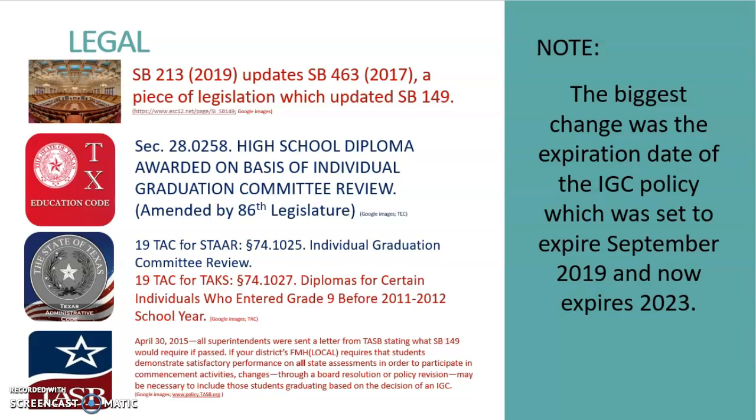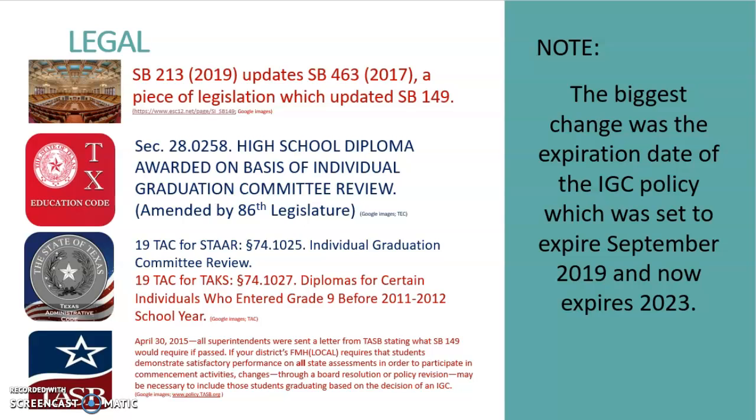First enacted with SB 149 in 2015, individual graduation committees, IGC, allow students the option to graduate even though they've not passed all of their EOC exams. A student who has failed the EOC graduation requirements for no more than two out of the number they must take may receive a Texas high school diploma if the student has qualified to graduate by means of an individual graduation committee, IGC, determination.